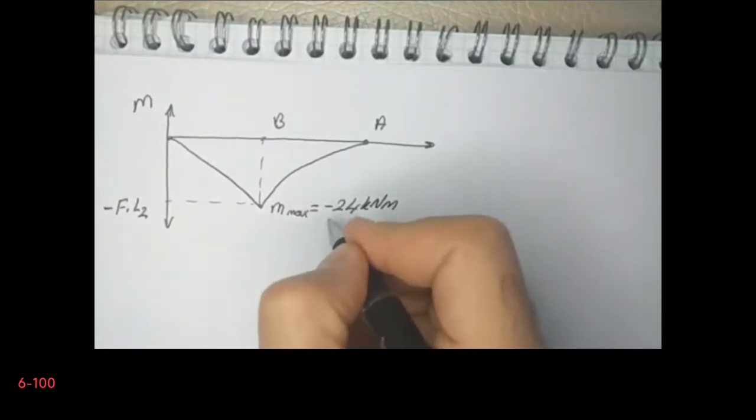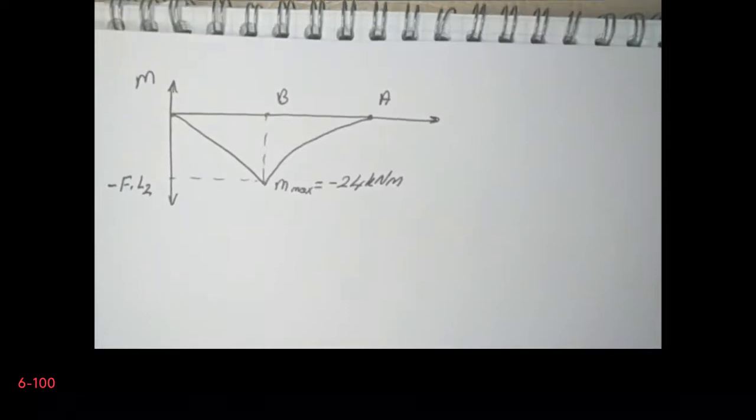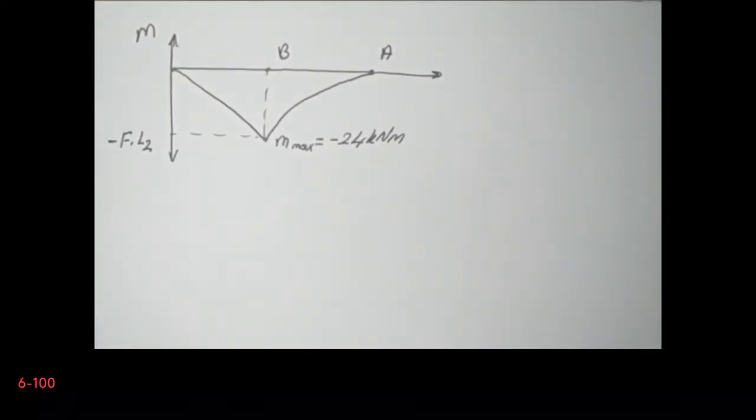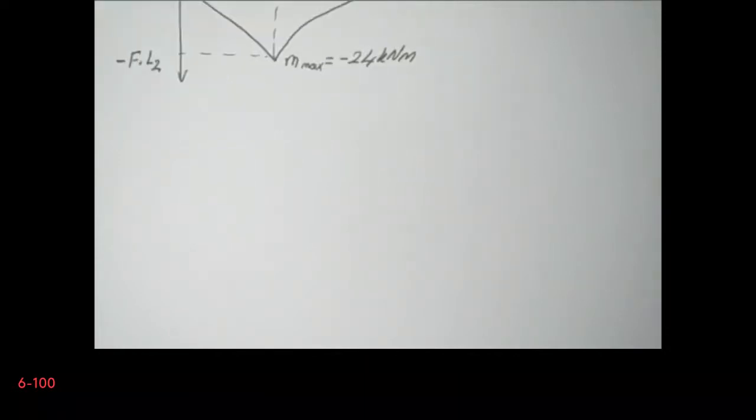So we look at the problem by means of absolute value because we are asked for the maximum stress. The negative sign just determines which side is under compression and which side is under tension. So the next thing is to calculate the moment of inertia for this cross section. So now let's draw the cross section. This is the next thing that we are going to do.